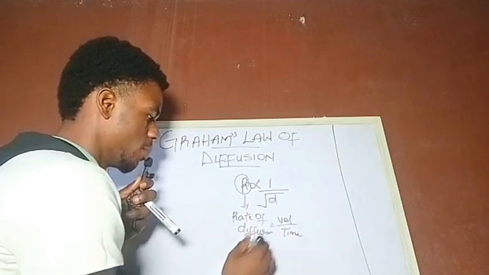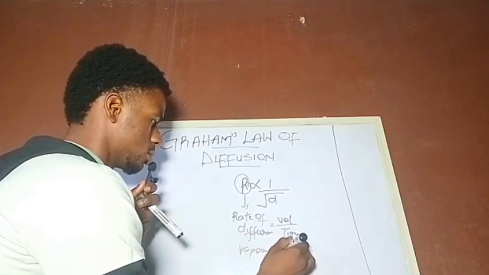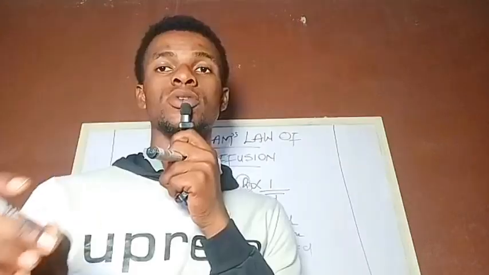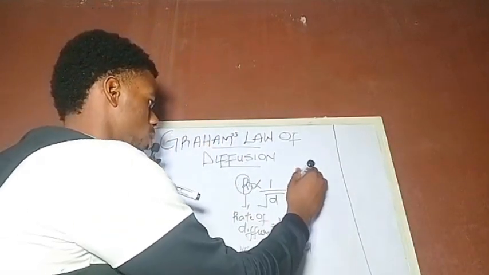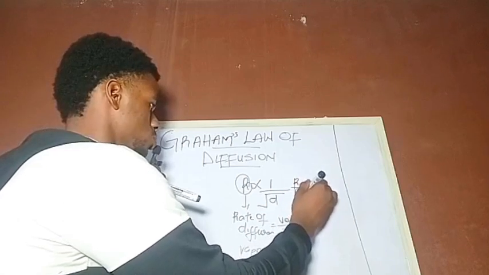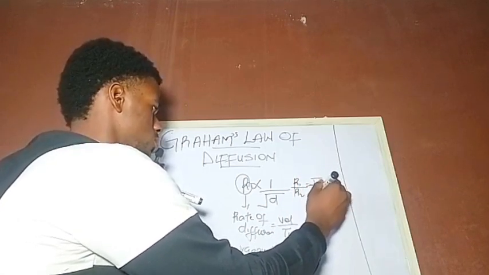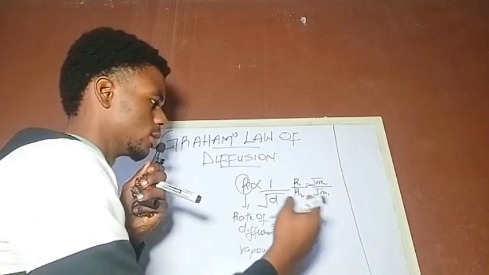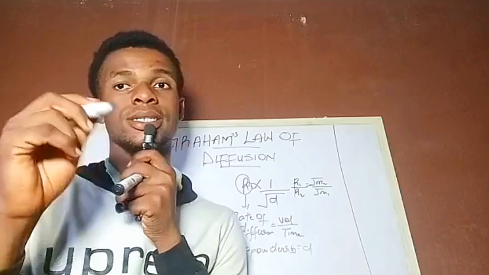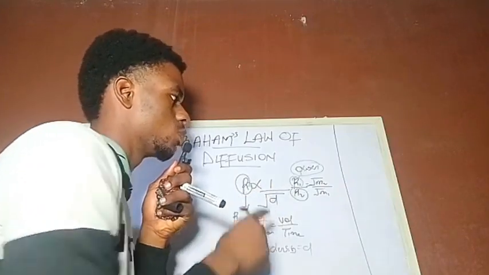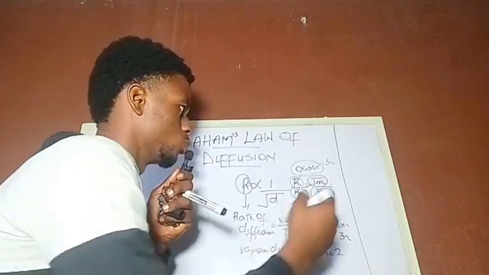Now, this is our vapor density. So the full formula is R1 over R2 equals square root M2 over square root M1. So this R1 is the rate of diffusion of the first gas, and this M2, M1 is the molecular mass, the molar mass.